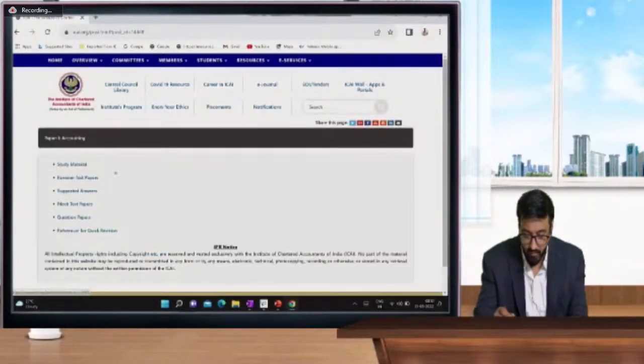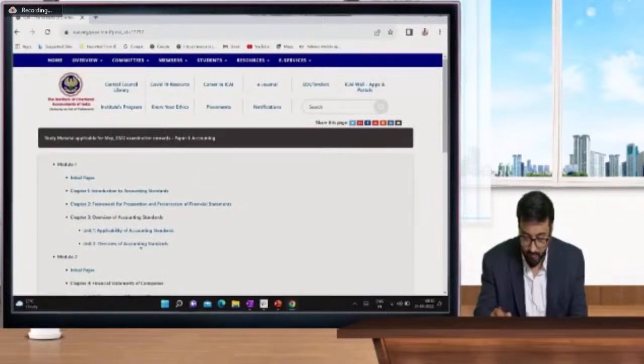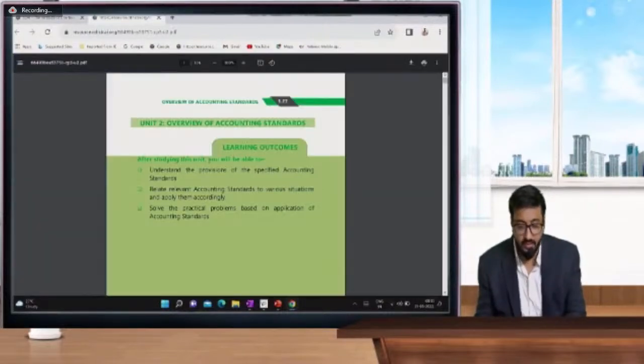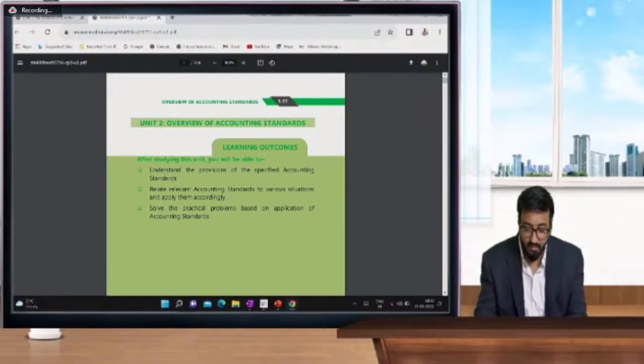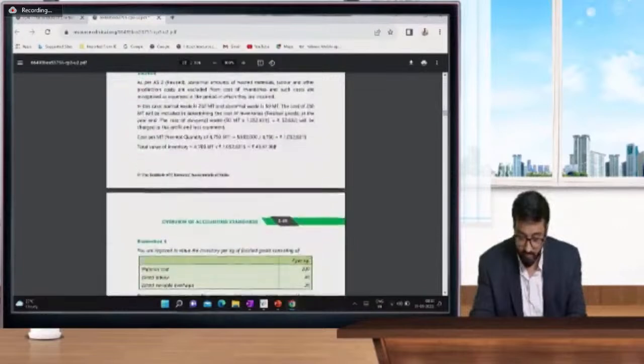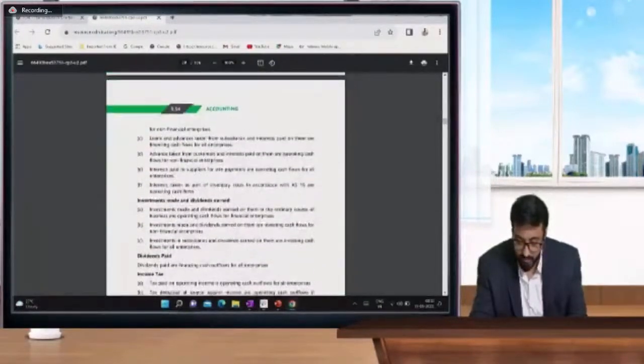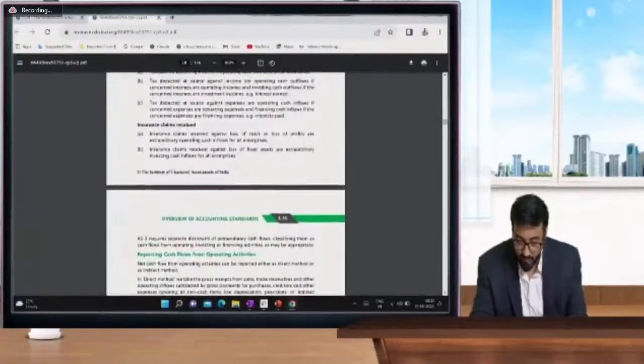बेटा यू विल गेट दिस ऑन ओवरव्यू ऑफ अकाउंटिंग स्टैंडर्ड चैप्टर नंबर 3 में। You will get this question in accounting standard 3, that is page number 3 point.